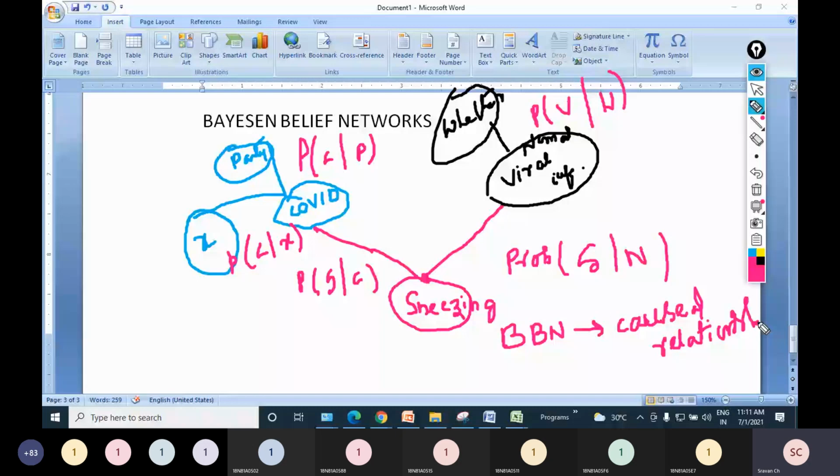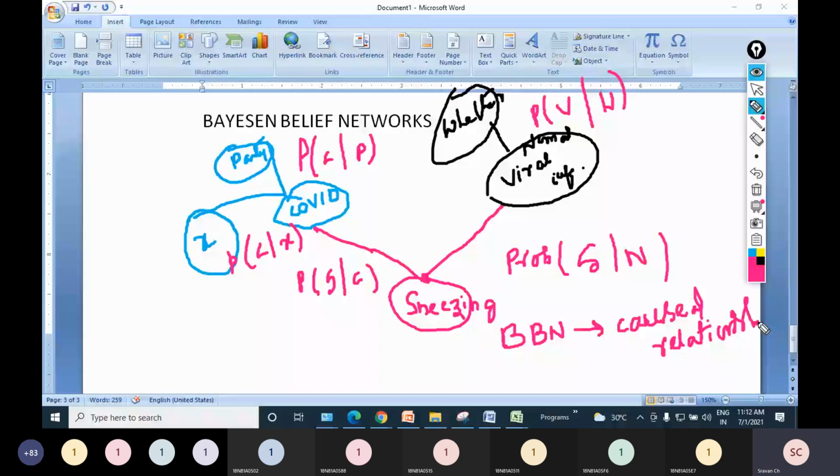The probabilities of viral infection are more than the probabilities of COVID. Probabilities of X are more than probabilities of Y in the occurrence of an event called Z. So this kind of probabilities, this kind of causal relationships, can be studied using Bayesian belief networks, right?